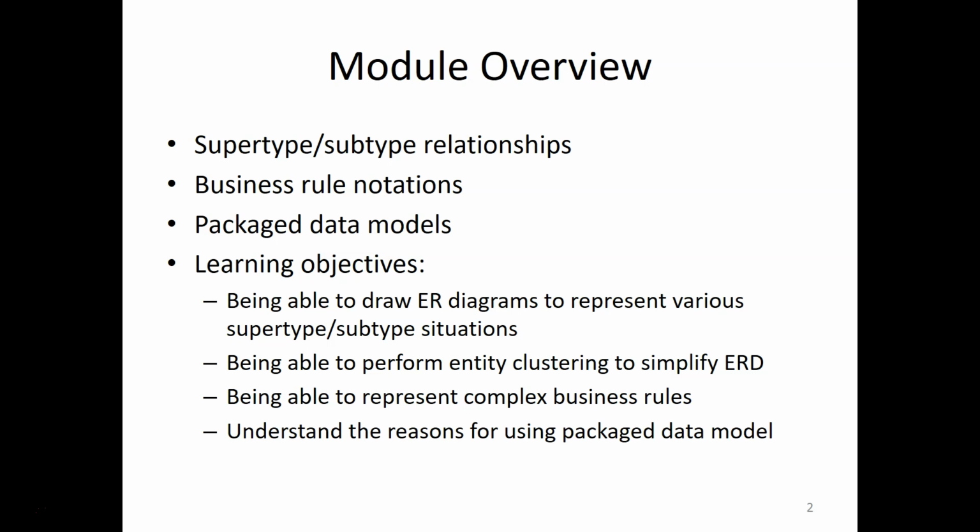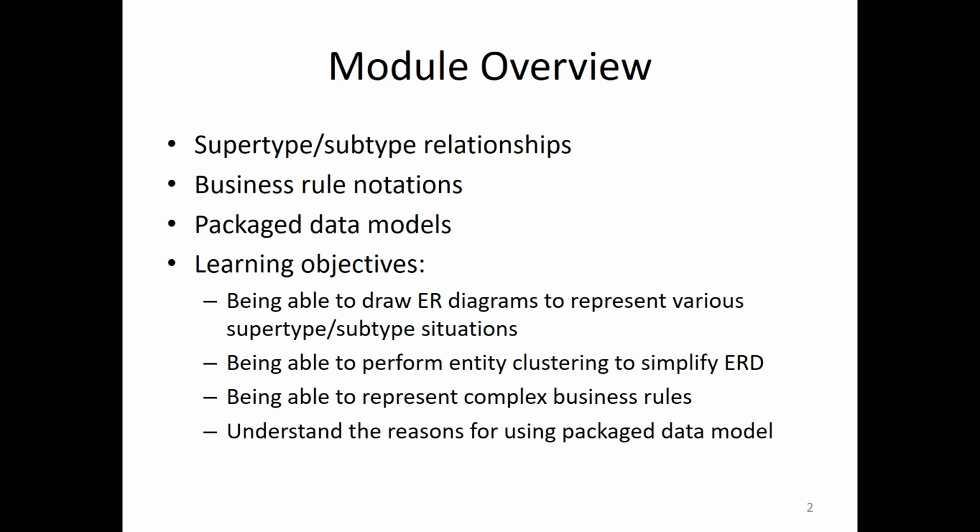Chapter 3 also introduces a number of notations for representing business rules. You will probably find out that these notations may not be sufficient to represent all the business rules in a business situation. And that's correct. However, not all business rules are represented using these few notations.